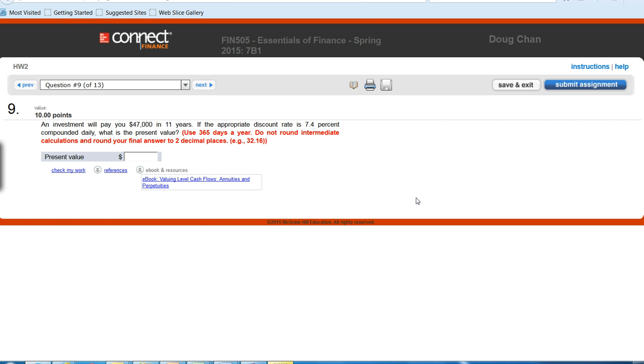So how can we get a periodic interest rate? For example, if it's quarterly compounding, but as I said, the interest rate is still quoted annually, we just need to divide that APR, annual percentage rate, by the number of quarters within a year, which is obviously 4. So we just divide APR by 4 to get the quarterly interest rate.